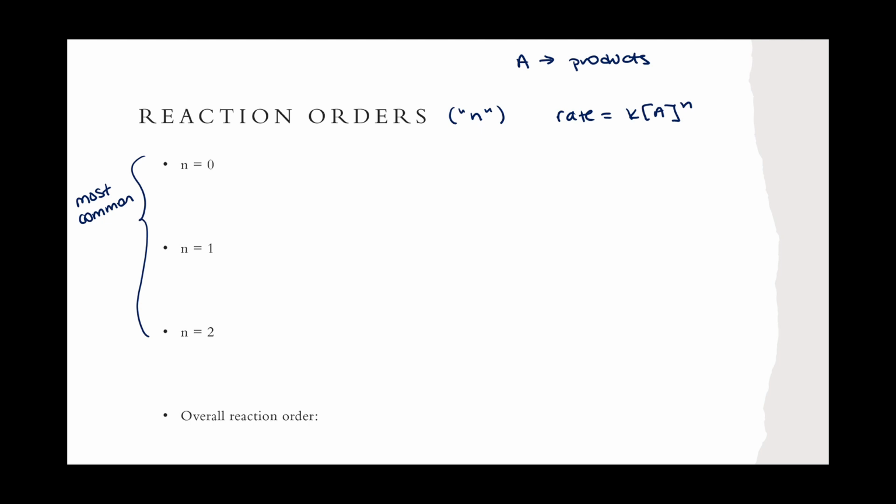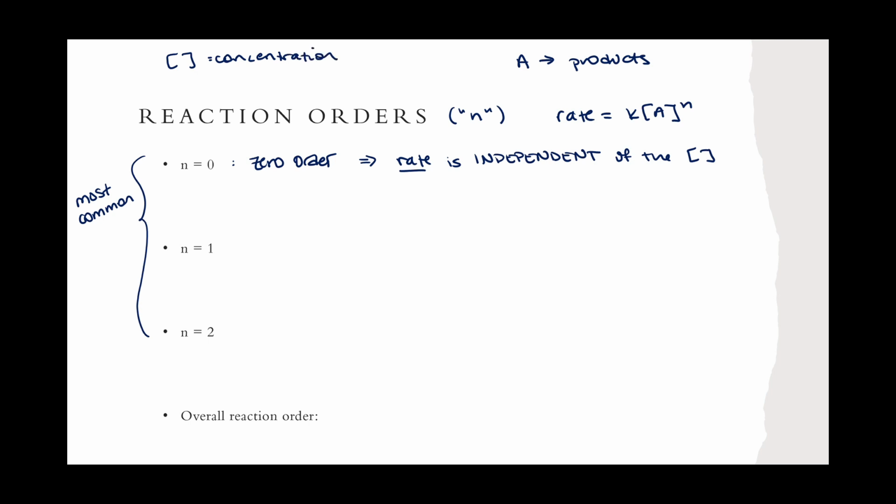If you have a reaction order of 0, we refer to this as zero order. No fancy names here. And what this is saying is that our rate is independent of the concentration. And once again, I abbreviate concentration just with brackets, but they're analogous to each other. So I'm going to say rate is independent of the concentration of the reactant.